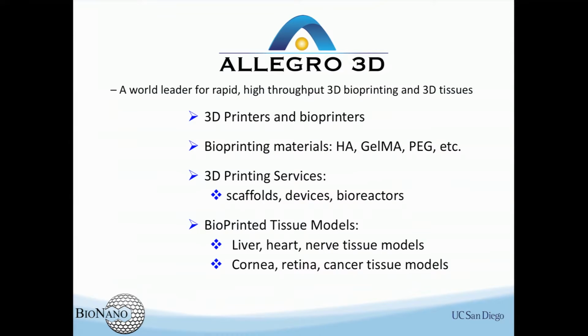Not every material can be printed, right? And in case you don't want to buy a printer, the company also offers printing services, like sending you scaffolds, devices, or bioreactors for cell culture and research. They can also sell you these 3D printed tissue models, including liver, which I have shown you already, heart, nerves, cornea, retina, and cancer tissue. We have actually been doing much of this work over the years, and the company is taking over the major intellectual properties for that.